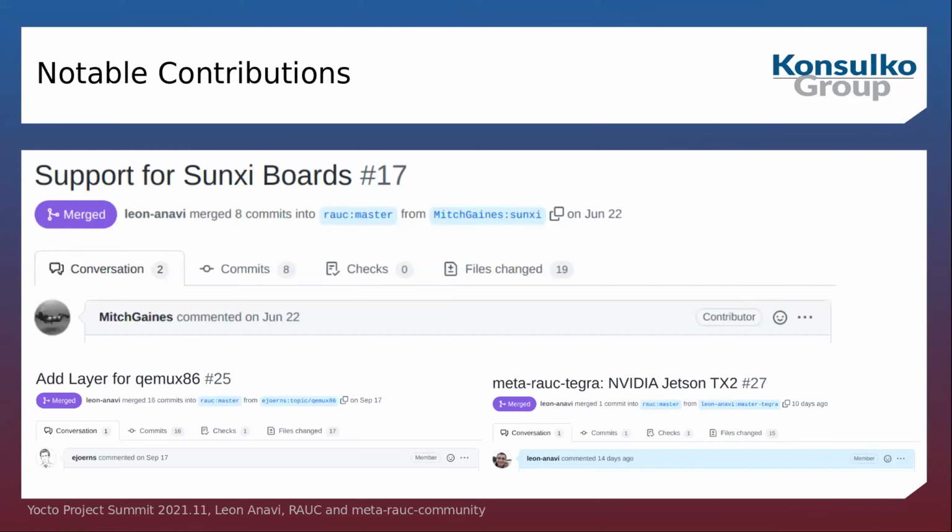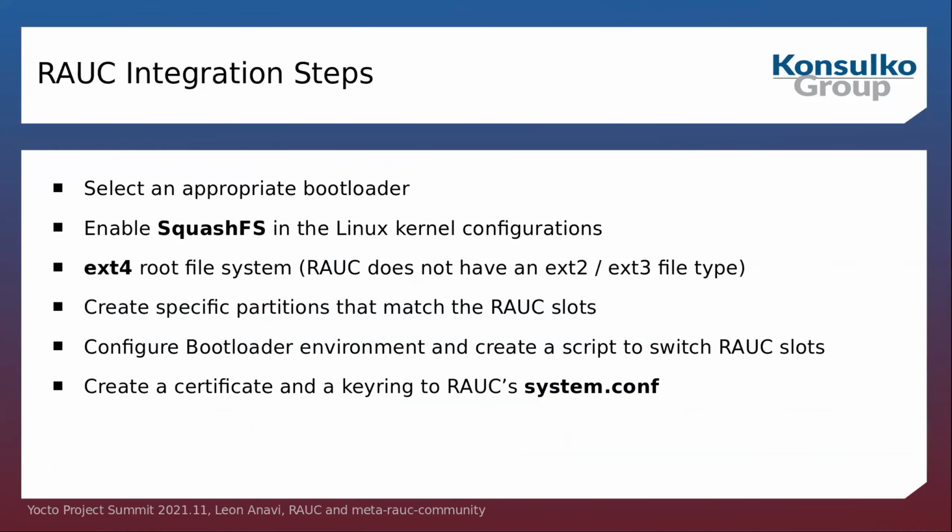He pushed a GitHub pull request, which was merged, and now we have an example of how to use RAUC on devices with Allwinner system on a chip. Enrico added support for QEMU, and as I mentioned, recently I've added support for Tegra, which we'll speak about in more detail in the next slides.